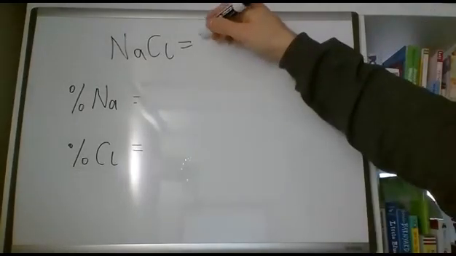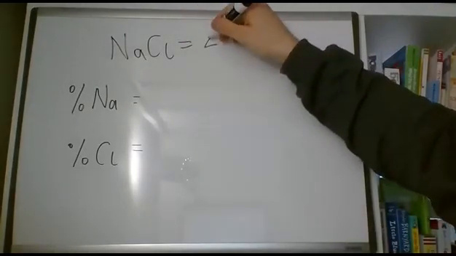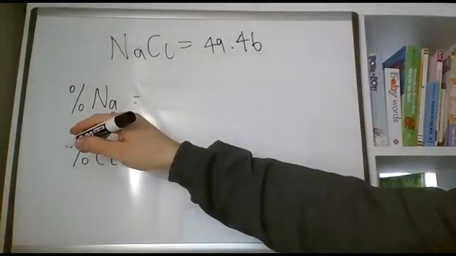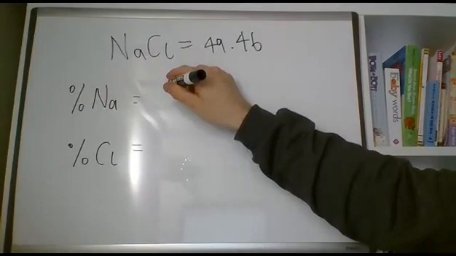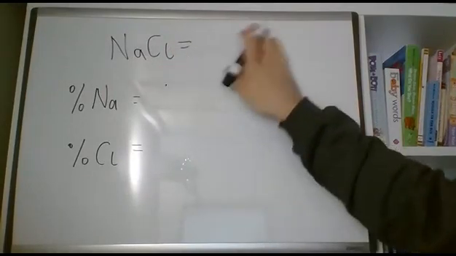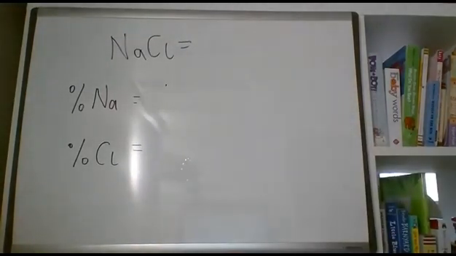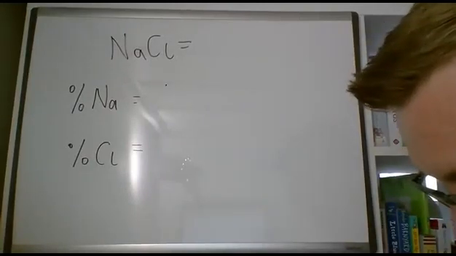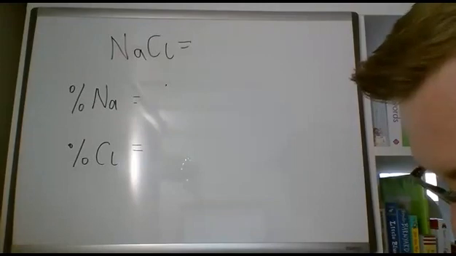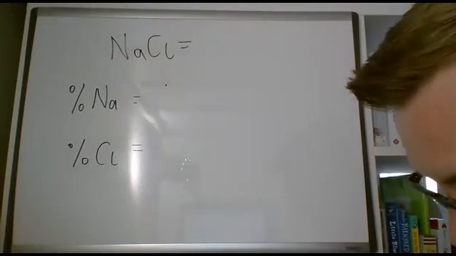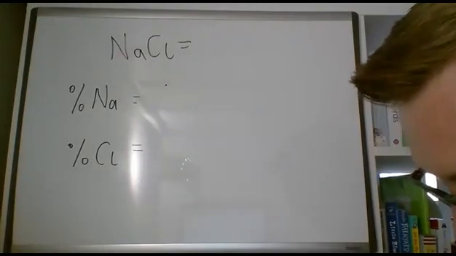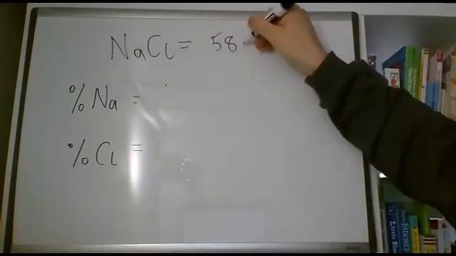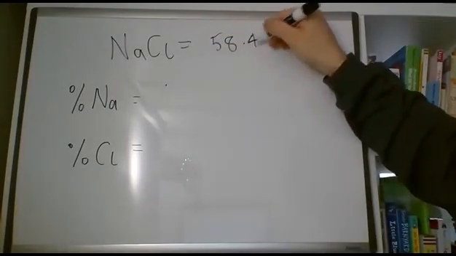So this compound has a mass of 49.46. Sodium is only, sorry, I beg your pardon. That's not right. I used nitrogen instead of sodium. So sorry, sodium is 22.99 and chlorine is 35.45. So this is 58.44.